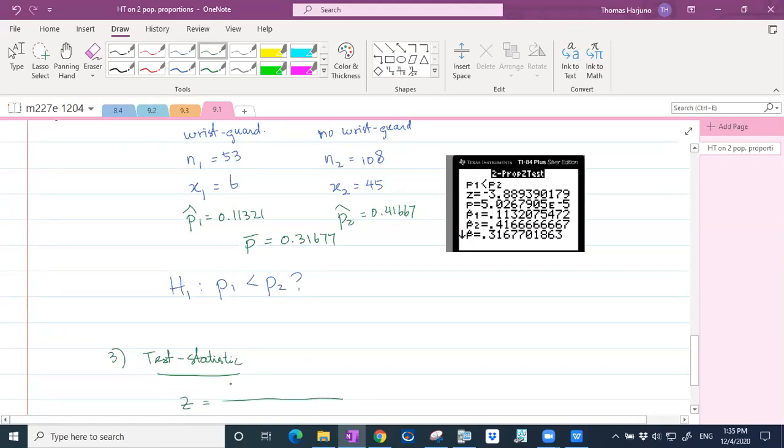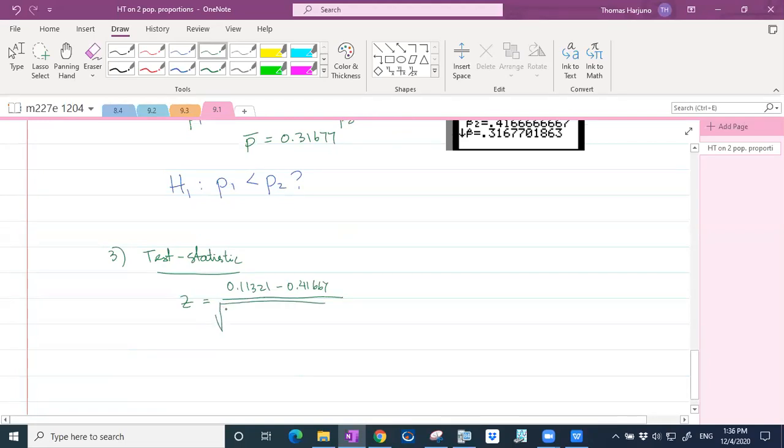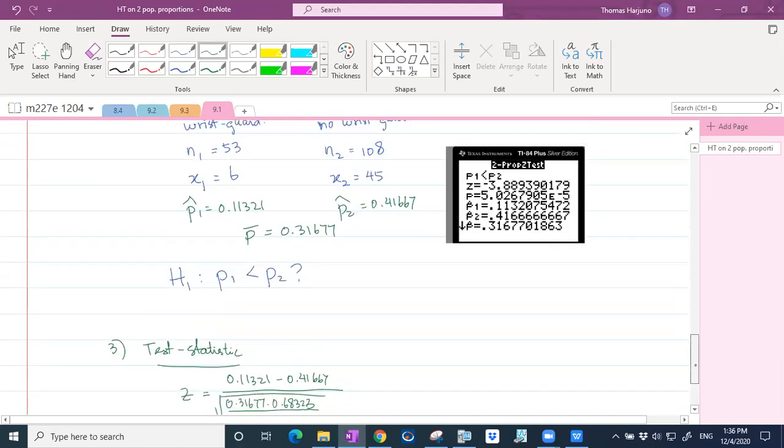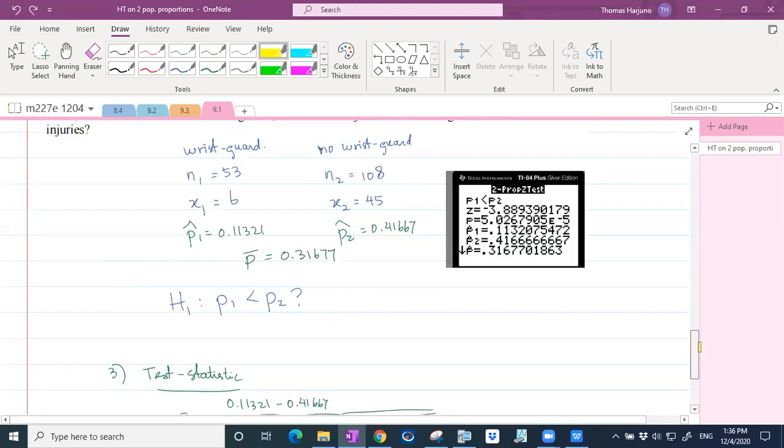I still want you to write 0.11321 minus 0.41667 over square root of 0.31677 times 0.68323 over sample size for the first one, which is 53, plus 0.31677 times 0.68323. This comes from 1 minus this one. Okay, they should add up to 1. Sample size for the second is 108.